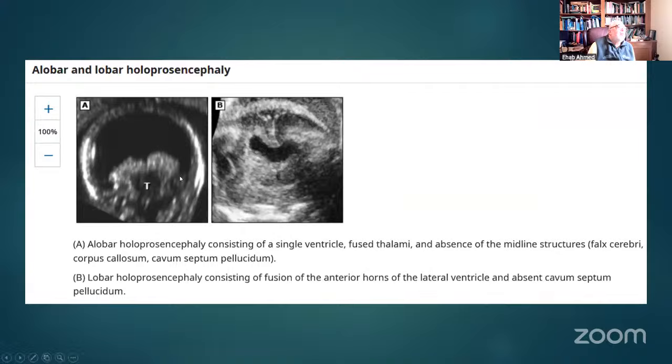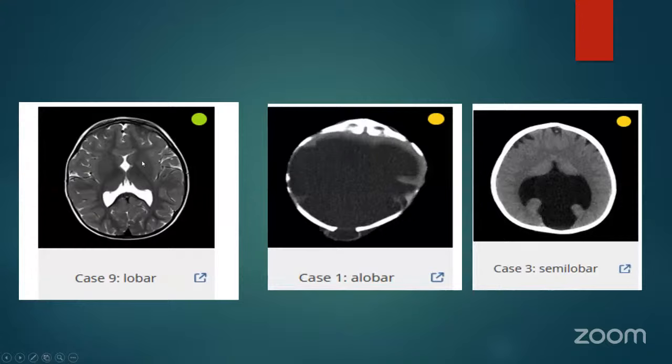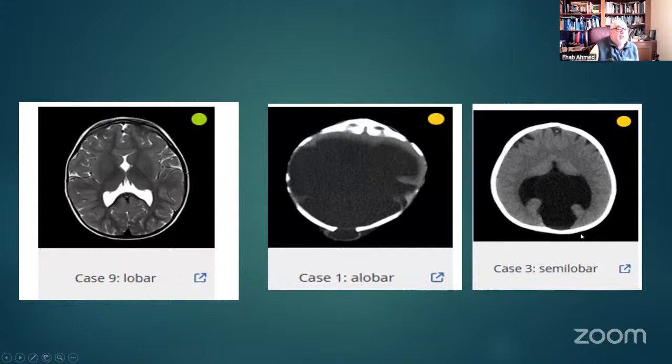And this is the alobar and lobar holoprosencephaly. This is lobar, A, and B is the alobar. And this is the MRI. This is lobar, alobar, semi-lobar.